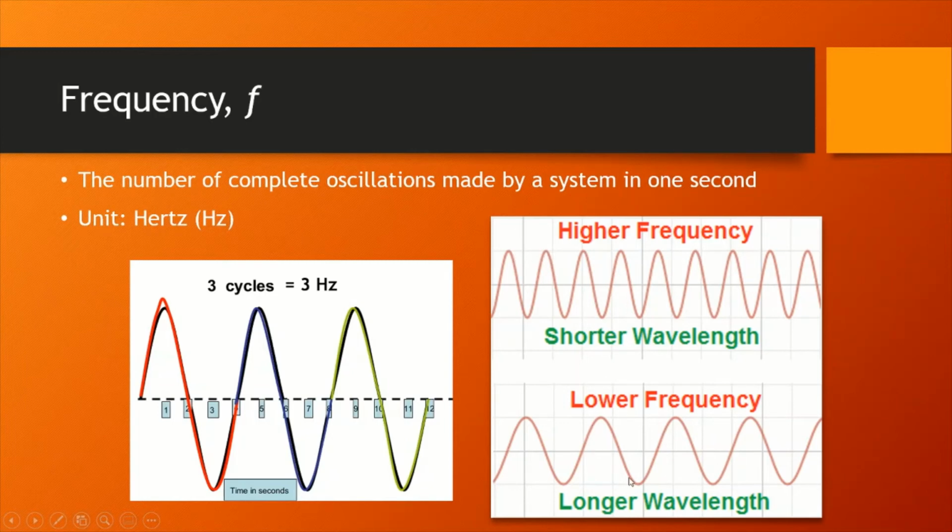Compared to this wave, you see the frequency is low, but the wavelength is long. Therefore, a wave that has high frequency has a shorter wavelength. A lower frequency wave has a longer wavelength. Therefore, we say frequency and wavelength are inversely proportional.